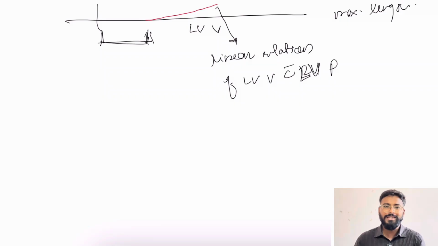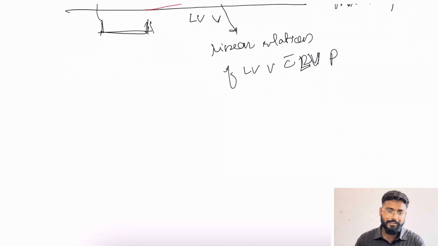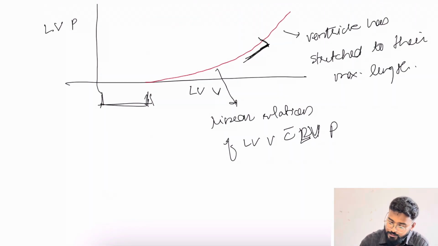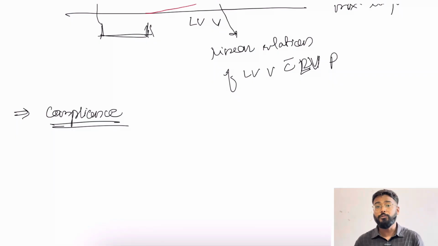So what is the limiting factor that is going to cause this kind of relation beyond a certain extent? It is a property of your ventricles that is called compliance. After this, where the relation is not linear anymore, the limiting factor here is the compliance of your ventricles, primarily of your left ventricle. So what is compliance?